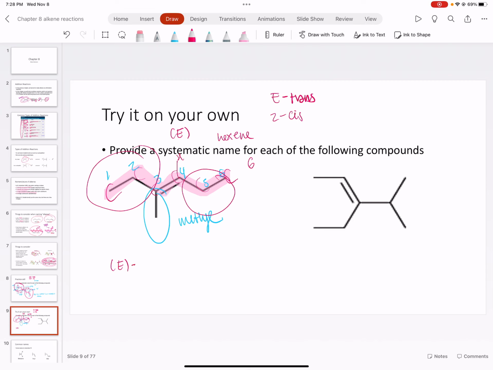And then luckily we only have one substituent. So it's gonna be 3-methyl. And then we have to remember to say the position of our double bond. It's gonna be next to our parent chain, when we say the name of our parent chain, so we're gonna put that it begins at carbon 3. So then we have 3-hexene.